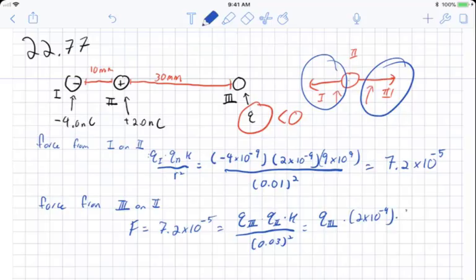I do know that K is 9 times 10 to the 9, and then 0.03 all squared. So I solved that for Q3. 7.2e minus 5 times 0.03 times divided by 9e minus 9.